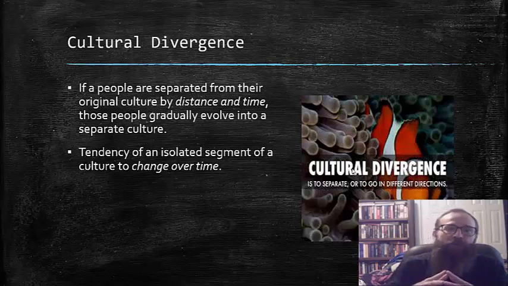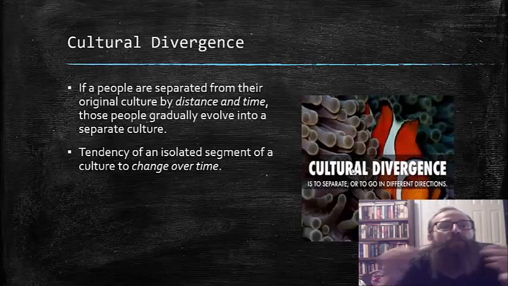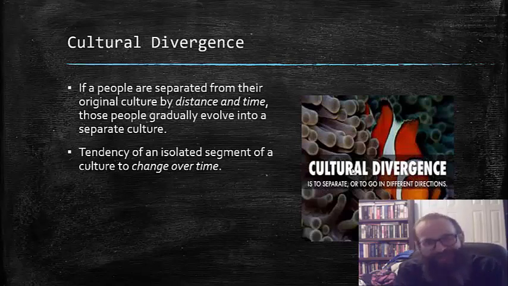The next element of historical theory I want to discuss is short and sweet. It's called cultural divergence. If a people within the same culture are separated from their original culture by distance and time, those people gradually evolve into a separate culture. It is the tendency of an isolated segment of a culture to change over time.